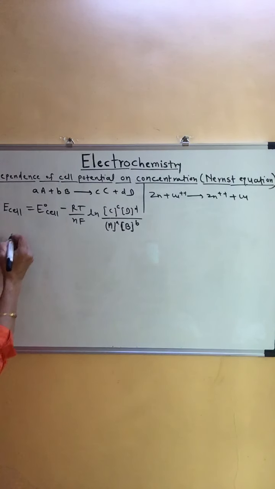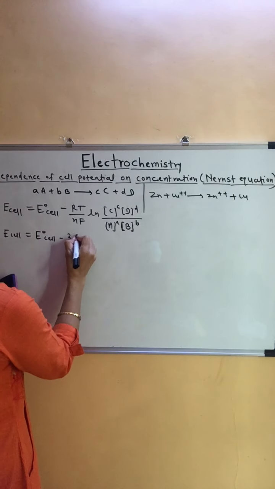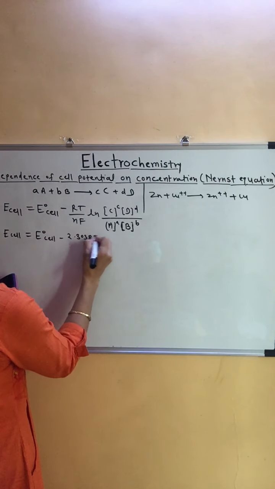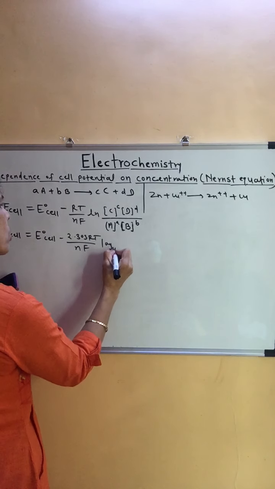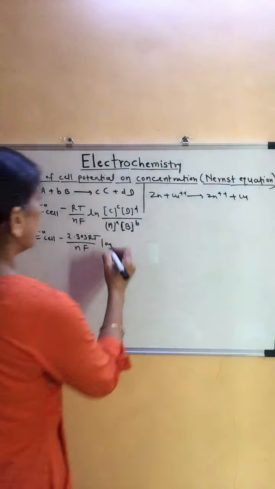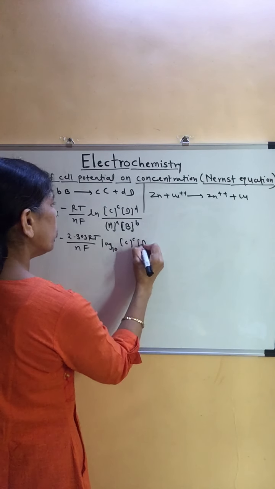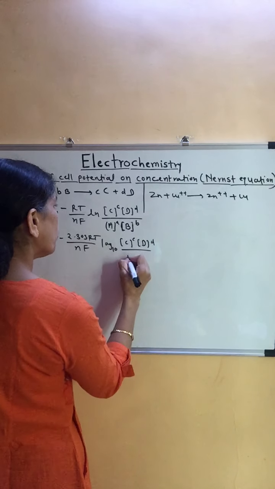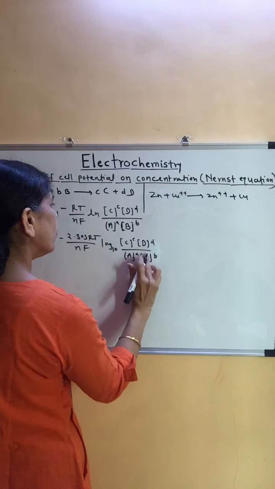So E cell is equal to E naught cell minus 2.303 RT upon nF, we are converting this to log to the base 10, of [C] raised to c into [D] raised to d upon [A] raised to a into [B] raised to b.